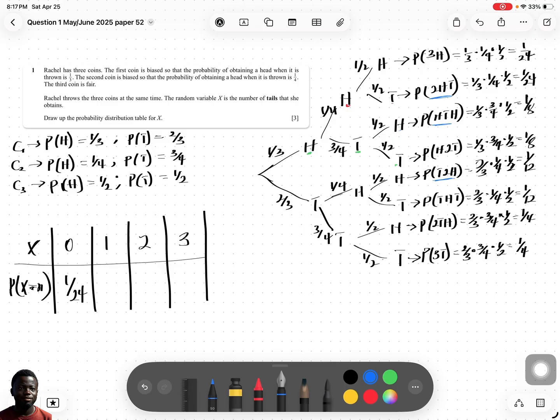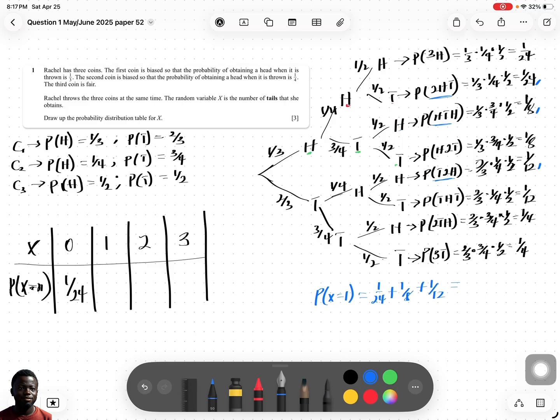So let's see probability of x is equal to 1. Let me write it. Probability of x is equal to 1. We have this one, 1 out of 24, 1 out of 8, and 1 out of 12. So that's what we're going to add: 1 out of 24 plus 1 out of 8, and then 1 out of 12. And what would this give us? You can use your calculator to check and see.